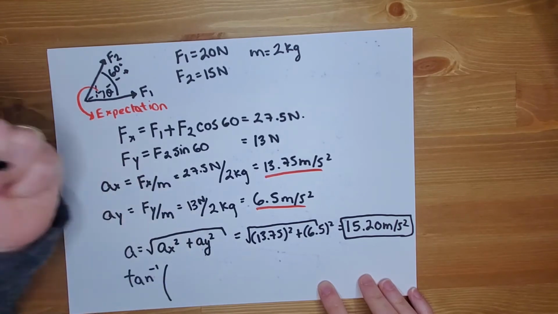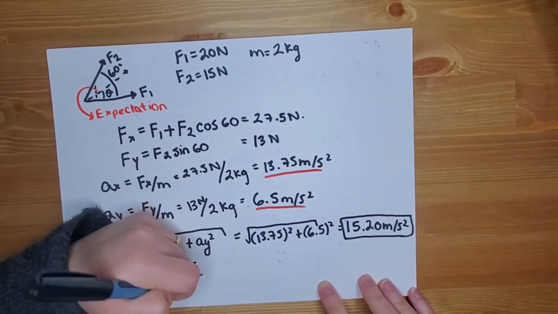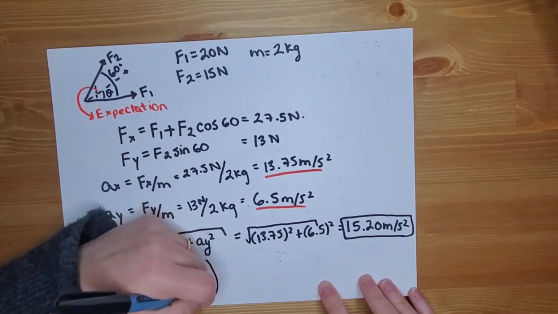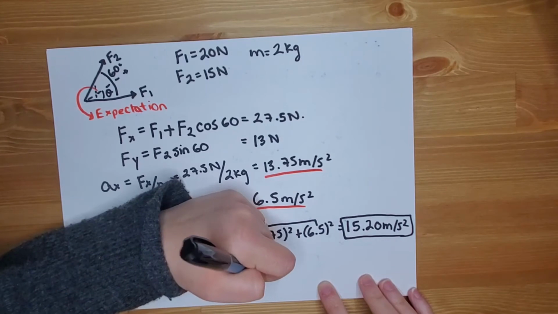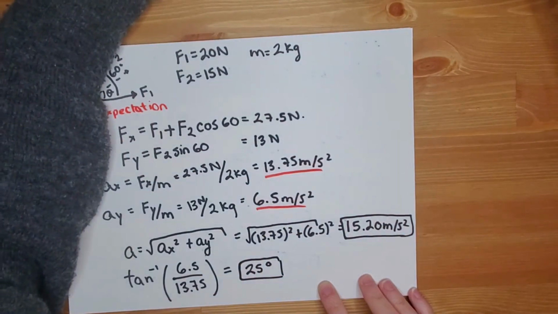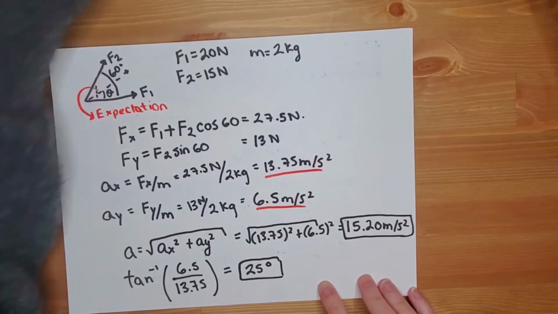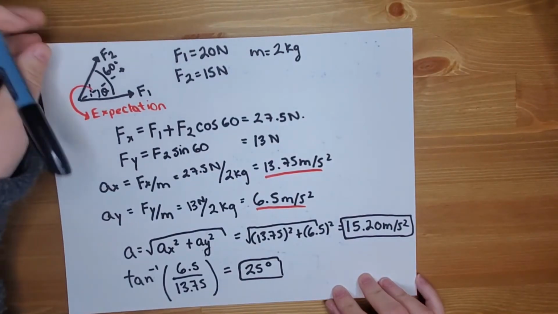And we get the theta angle of the acceleration to be equal to 25 degrees. Was this like we were expecting? Yes, our magnitude is bigger than last example, and the angle is closer to the horizontal. In this case, we have 25 degrees, which is a little bit smaller than the 36.9 degrees we got previously.